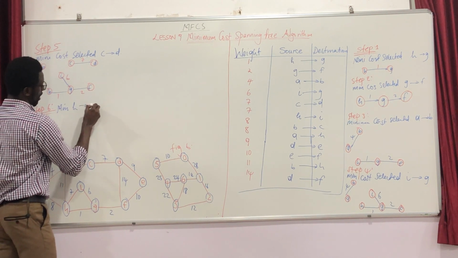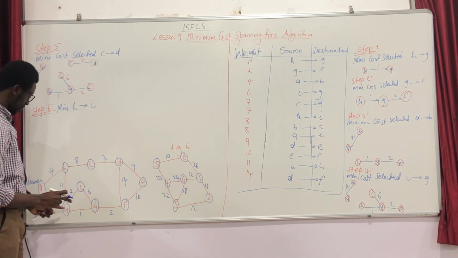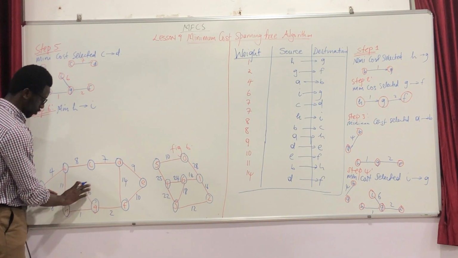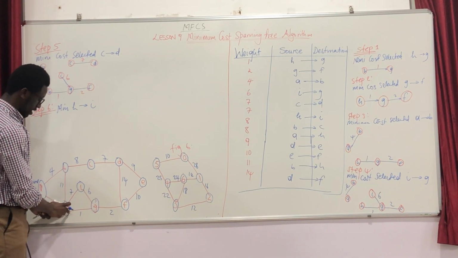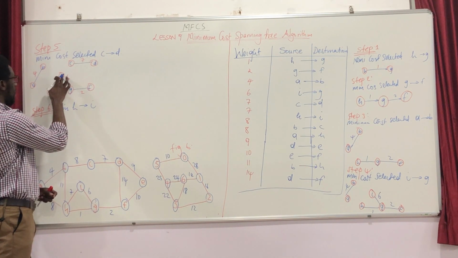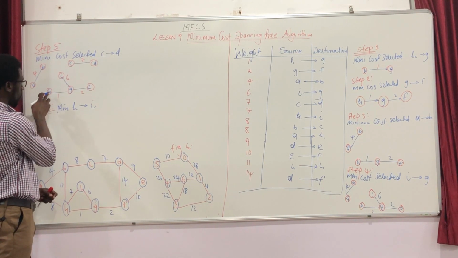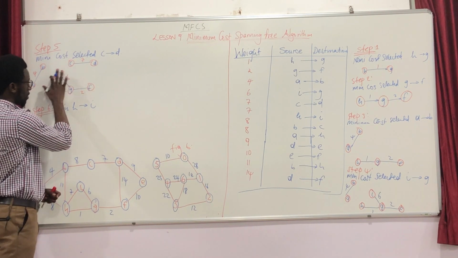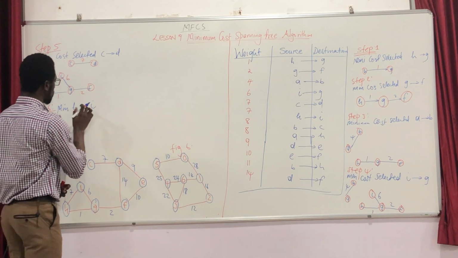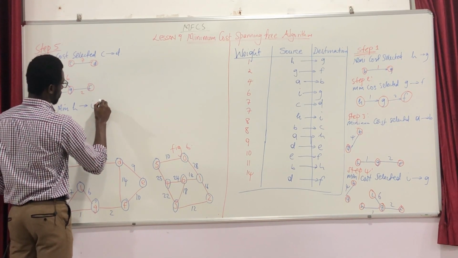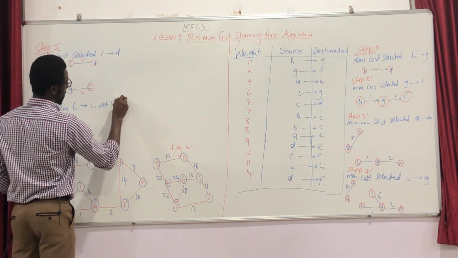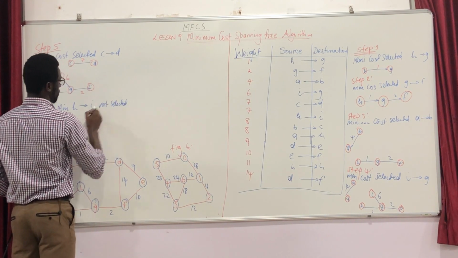H to I. We'll check in the diagram here, H to I not selected because it forms a loop, because we already select H to G and I to G. So if we select this one, I to H or H to I, it will form a loop. So we ignore this one, minimum cost H to I not selected. This is not selected.